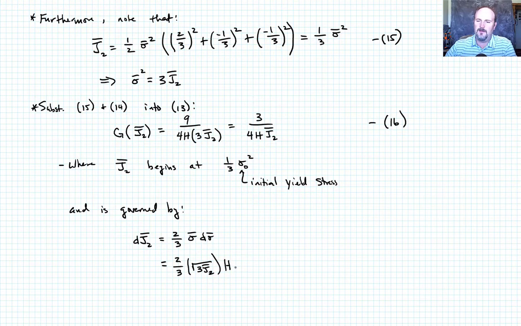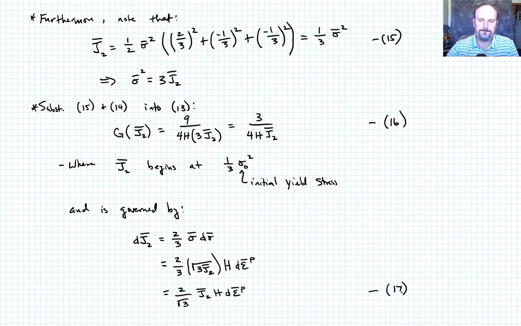So h times d epsilon p bar. So I can end up getting the final quantity, which is 2 divided by the square root of 3 times J2 bar times h times d epsilon p, right? So that's how we evolve that quantity, that internal variable, with our effective plastic strain increment.